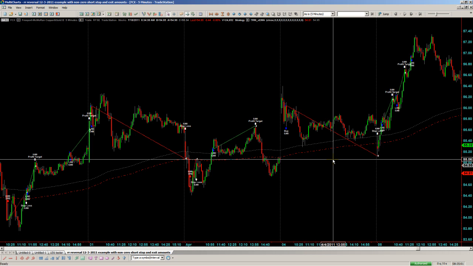And then those templates are optimized strategies for that particular HDSI scan that have been optimized over a portfolio of stocks that would have come out of that scan in the past.